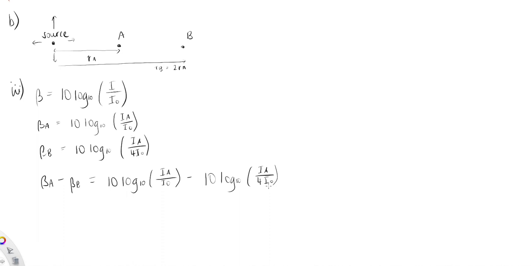Now, log laws are really great things because when you're subtracting two logarithms with the same base, you can just divide what's actually in those logs. So for this, we would say 10 log base 10, and we're going to divide one by the other. So it's going to be A, the first one, divided by B, the second one.